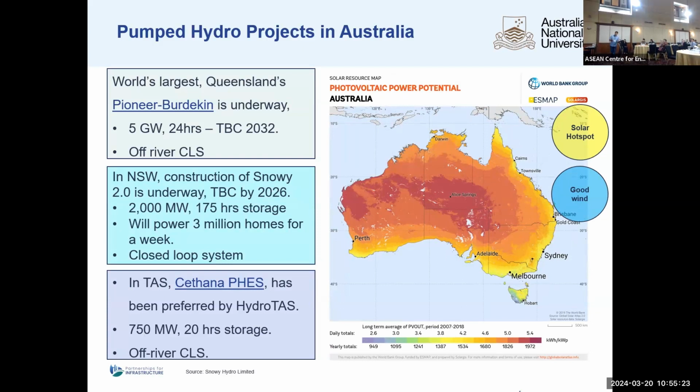Pioneer-Burdekin is underway, about 5 gigawatt with 24-hour storage, and hopefully we complete it by 2032. There's also an off-river system in New South Wales: construction is underway on Snowy 2, to be completed by 2026. In Tasmania, Cethana pumped hydro has been proposed, at 750 megawatt, providing 20 hours of storage.